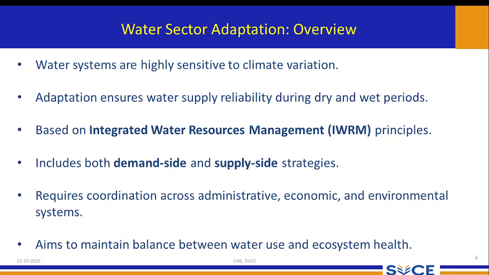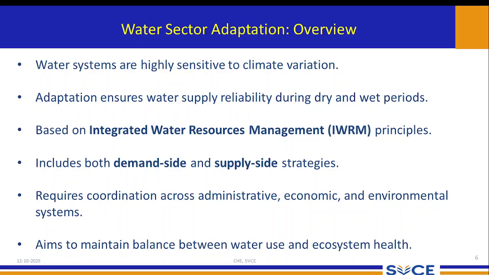What are the key principles? One is a holistic approach: integrated water resource management treats water as part of an interconnected system rather than in isolation. Cross-sectoral consideration: it promotes cooperation and integrated planning among different sectors and stakeholders that use or manage water resources.